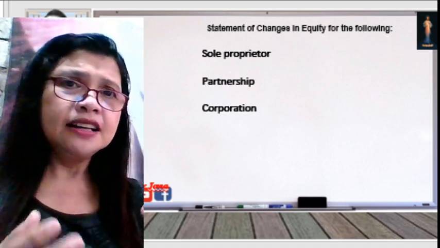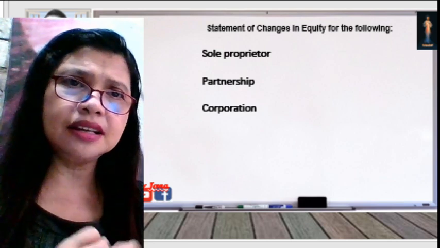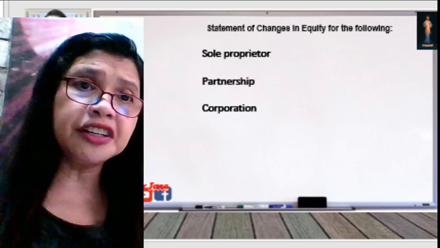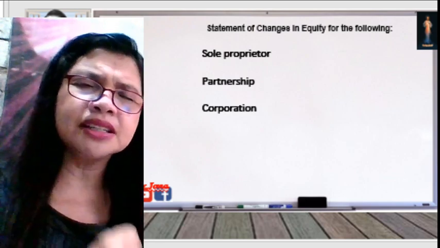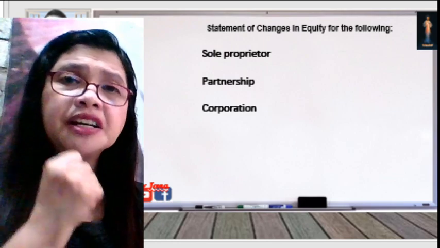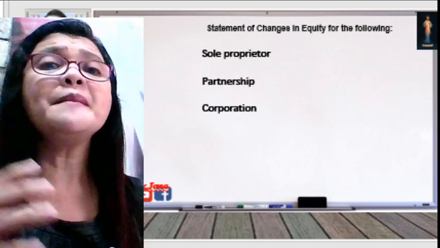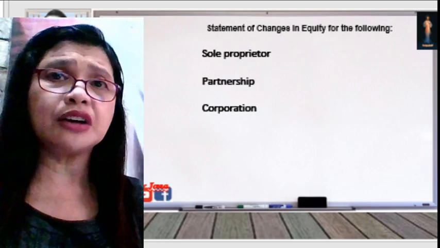Meaning, when a corporation is formed, it becomes an artificial being. It is treated as a separate entity from the owners, from the stockholders.